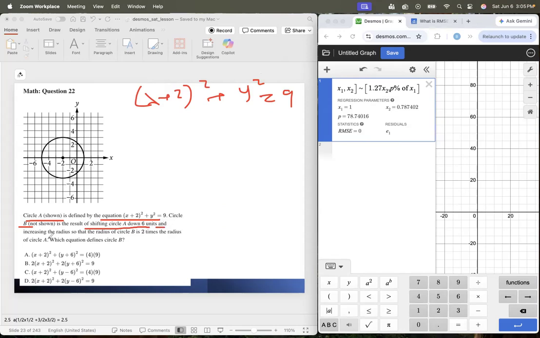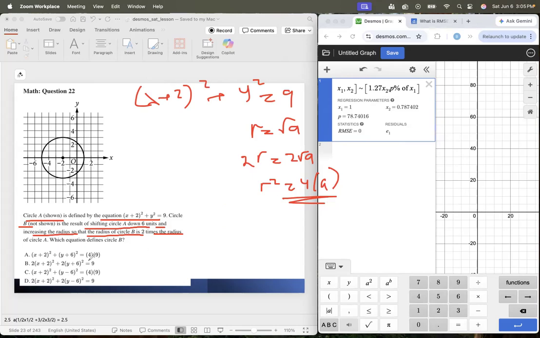It goes down 6 units and increases in radius so that the radius of B is 2 times the radius of A. Well, let's do the radius. The radius of A is actually square root of 9. And this is going to be 2 times the square root of 9. And then if you square both, you're going to get 36 and 9.